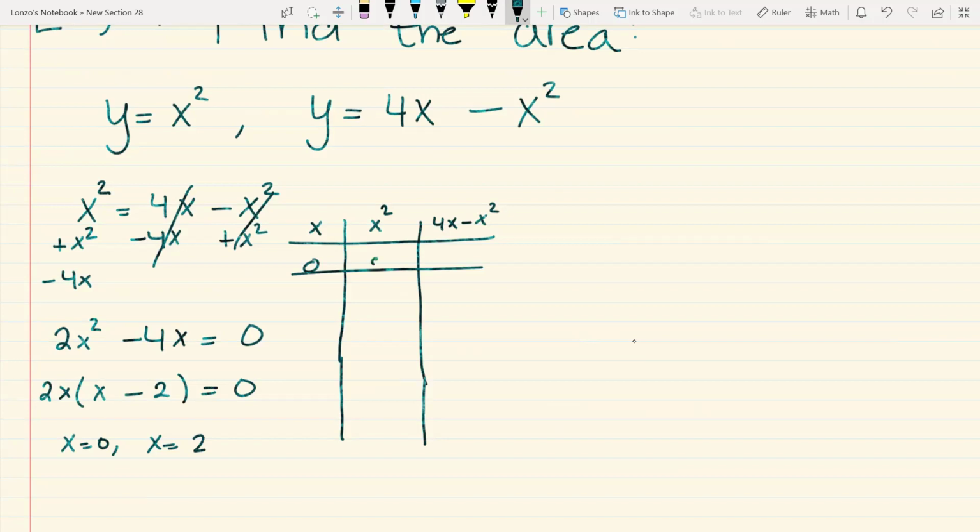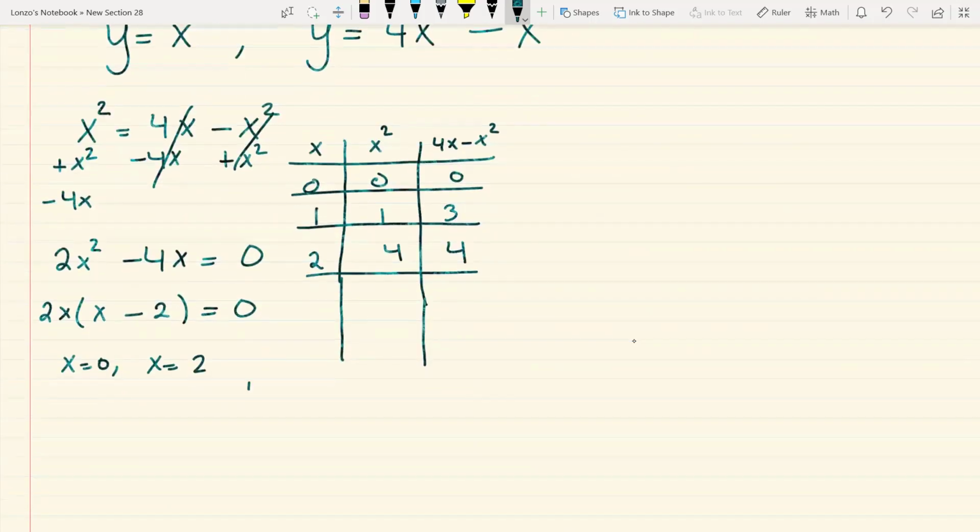When you plug in 0, you get 0. Over here, when you plug in 0, 0 minus 0 is 0. And then if you plug in 1, 1 squared is 1, and then 4 times 1 is 4 minus 1, which is positive 3. And then 2. 2 squared is 4. 4 times 2 is 8 minus 4, which is 4.